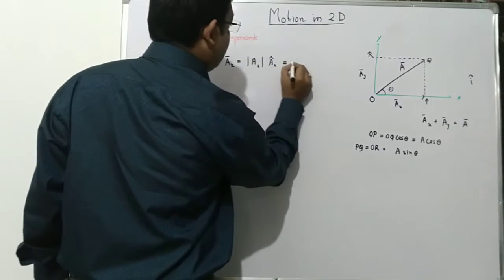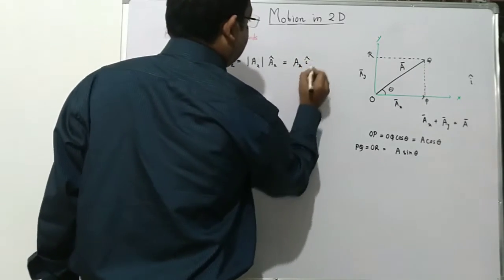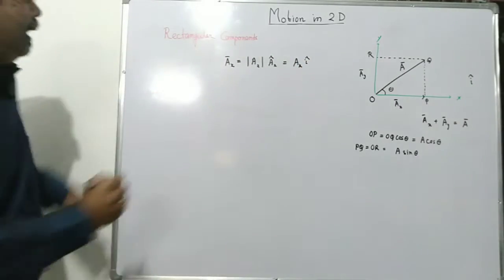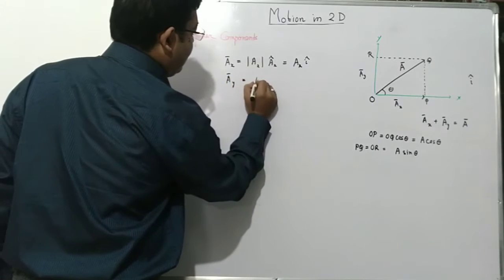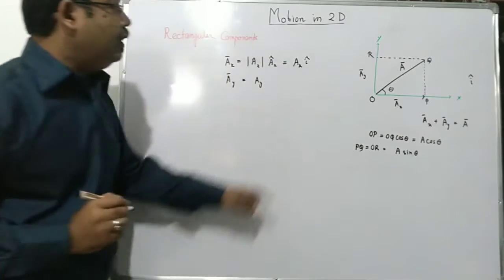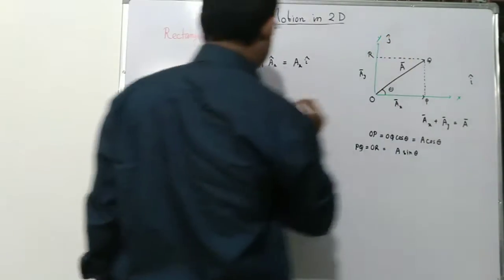So this can be written as modulus of AX into I cap, and AY similarly can be given by modulus of AY into the unit vector along the y-axis, which is given by J cap.